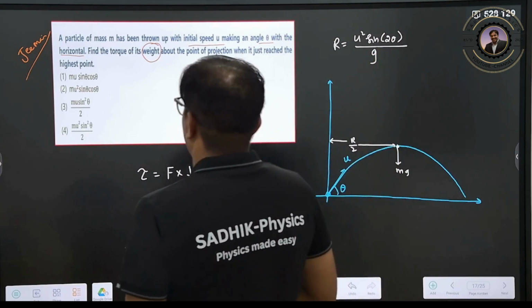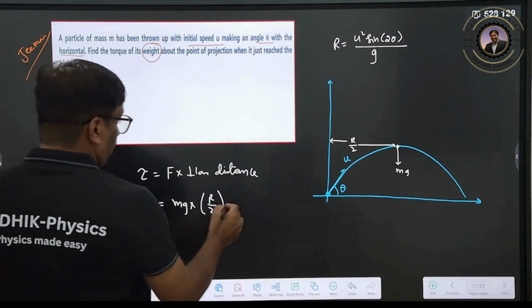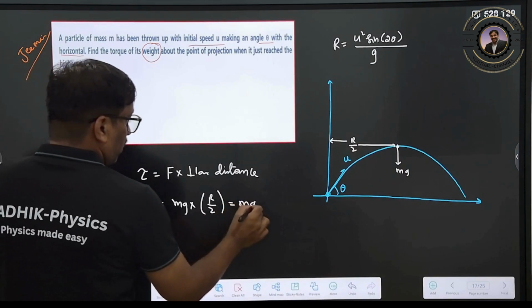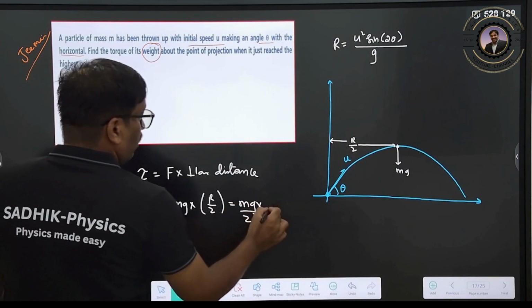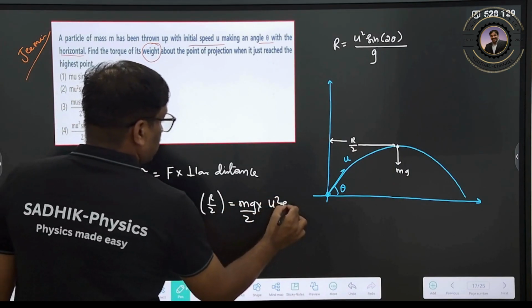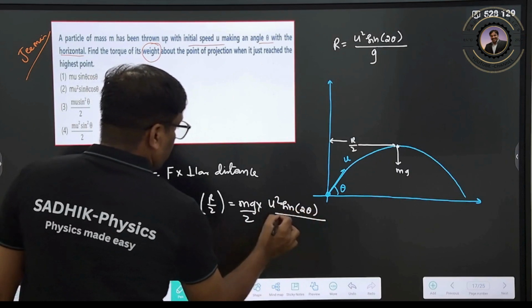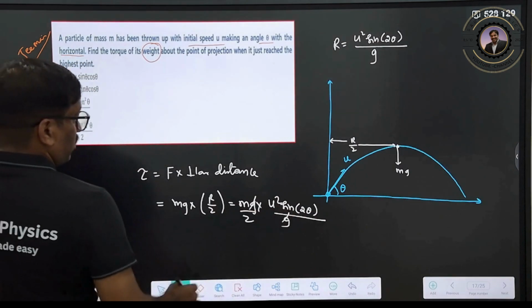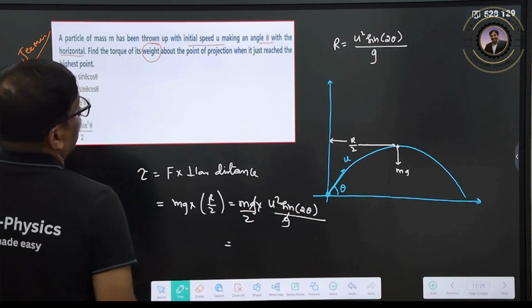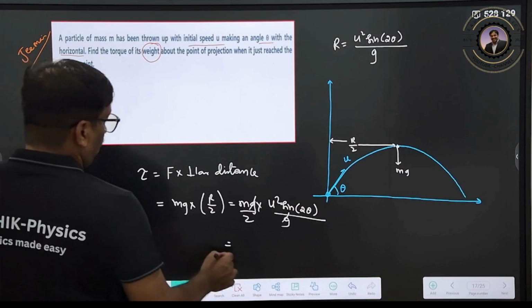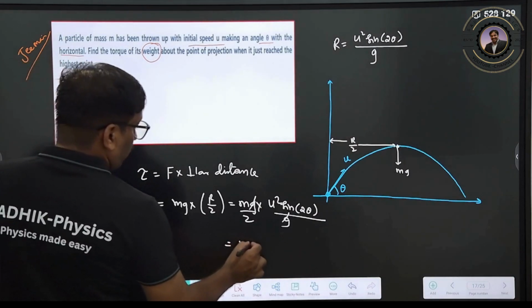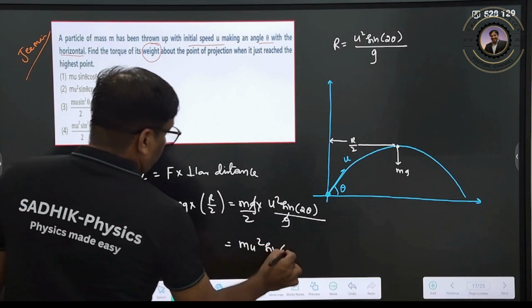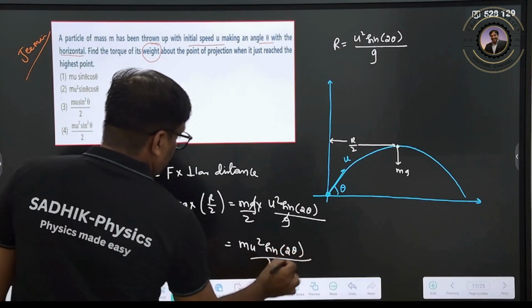Clear? So therefore here you can write mg into R by 2, that is u square sine of 2 theta by g, and this g gets cancelled out. Therefore, m u square sine of 2 theta by 2.